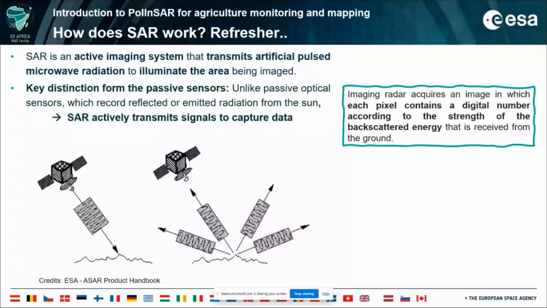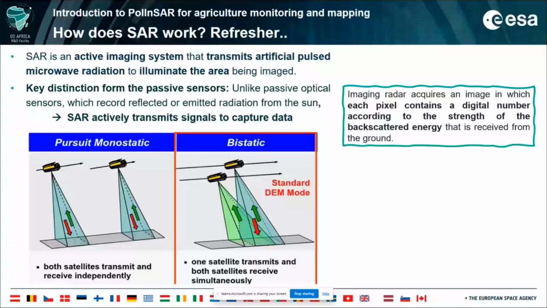This return may be recorded by the transmitting antenna or a separate receiving antenna, referred to as monostatic or bistatic configurations, respectively. Unlike passive optical sensors, which record reflected or emitted radiation from the sun, SAR actively transmits signals to capture the data.